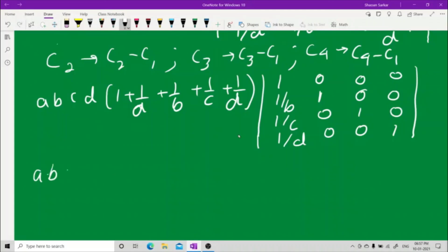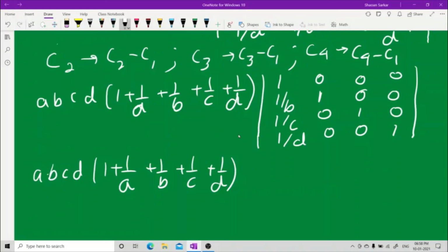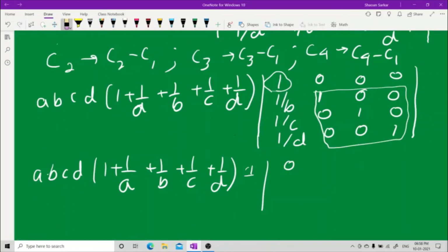A, B, C, D, this is A plus 1 upon B plus 1 upon C plus 1 upon D. And with this one, I have 0.